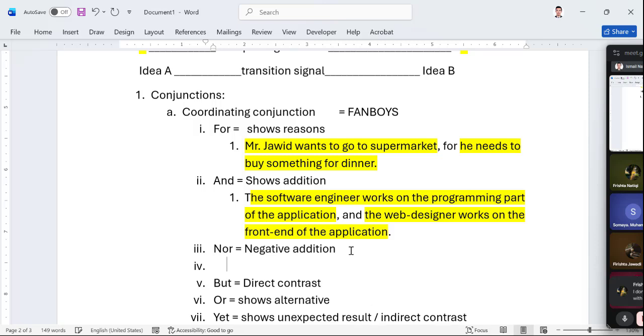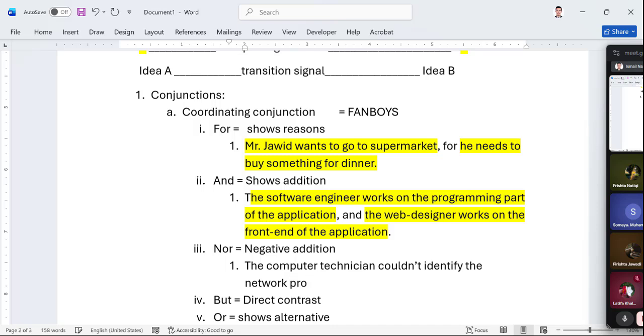When we have "nor", for example, I may write here, "nor" connects two negative ideas. If I say the computer technician couldn't identify the network problem, and then we can use "nor", and here often we have inversion.